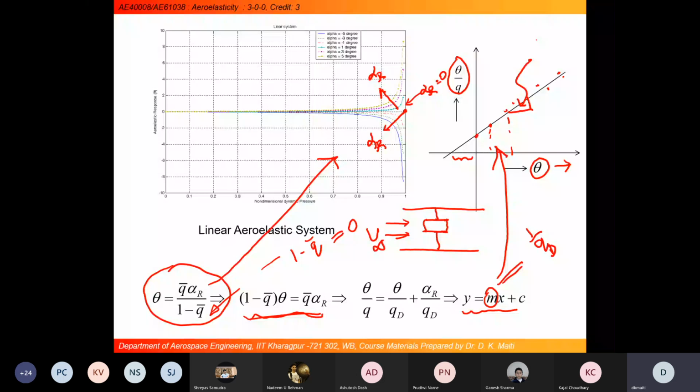In the buckling analysis, we get a straight line like this, with delta and P. When we discuss wind tunnel models, we will come back to this representation once again to explain the experimental way of measuring this divergence speed.